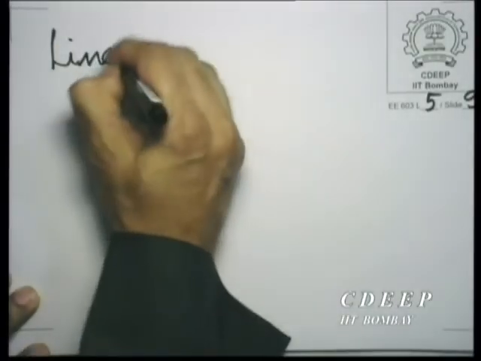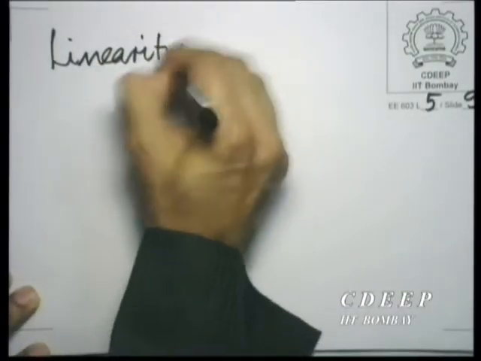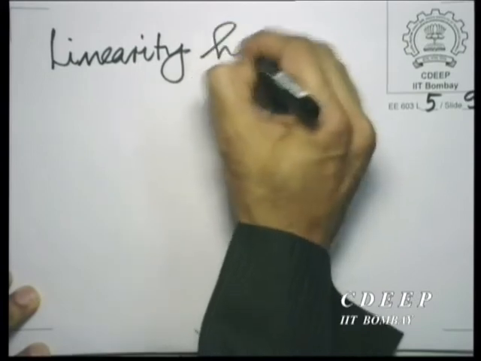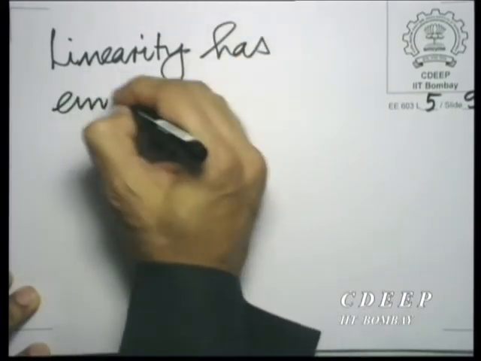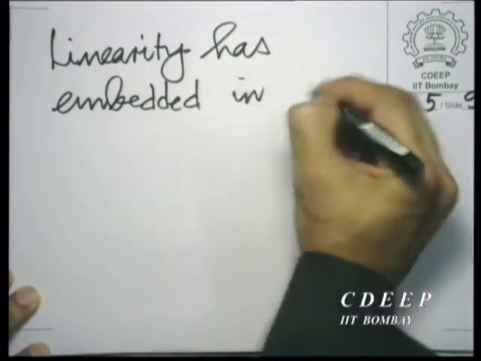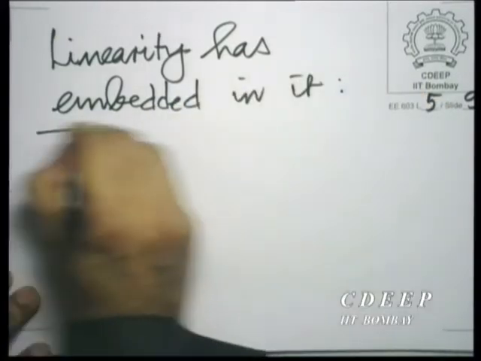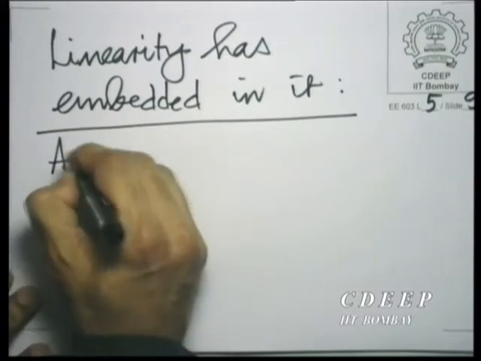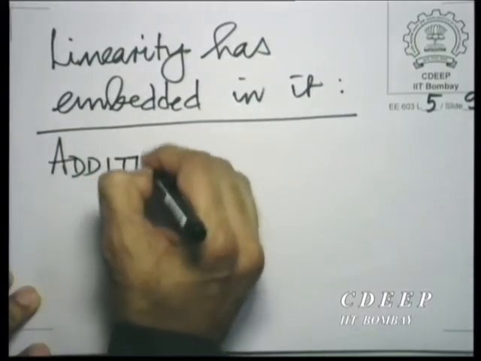Now, let us break this property into two smaller properties. So, linearity has two properties embedded. One property is what is called additivity.